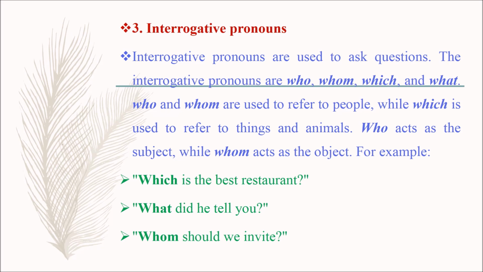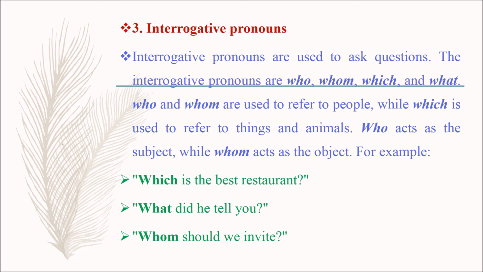Who acts as the subject, while whom acts as the object. For example, which is the best restaurant? What did he tell you? Whom should we invite? Here, which, what, and whom are interrogative pronouns.